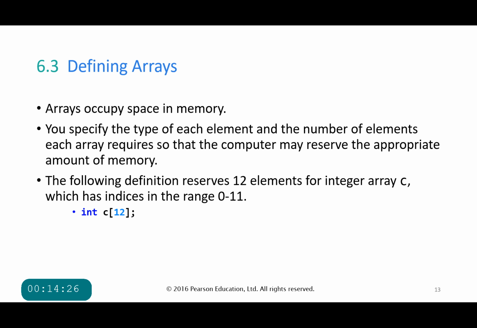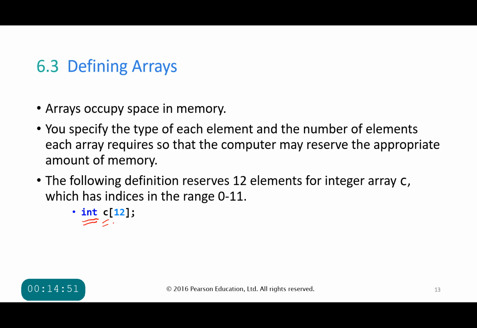And of course, arrays occupy space in memory. If you want to define an array, you first need to define the type of the array. So you have to define the type of data that this array is going to store. Now the array C will store integer type of data. Then of course you also have to give the name of the array.